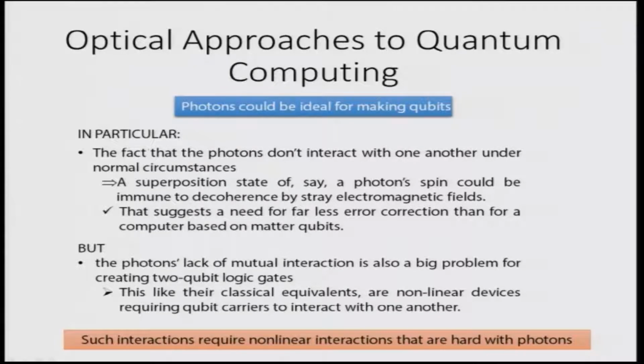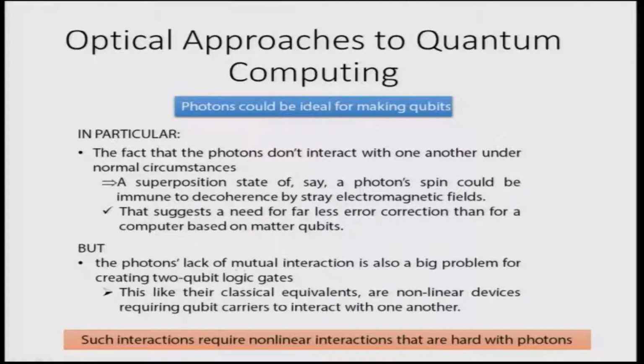The fact that photons do not interact with one another under normal circumstances gives an advantage. A superposition state of, say, a photon spin could be immune to decoherence by stray electromagnetic fields. That suggests a need for far less error correction than for a quantum computer based on matter qubits.